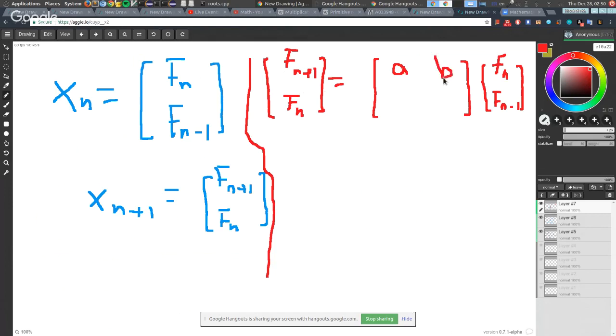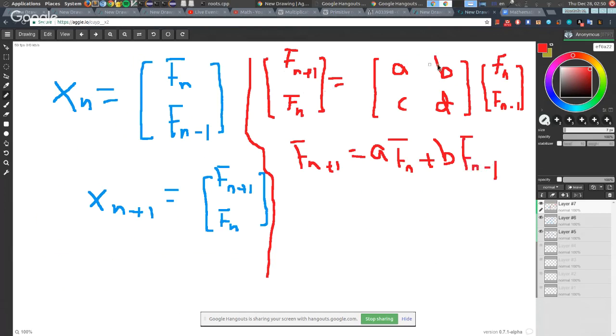If I put abstract elements like this, we get that fn plus 1 is equal to a times fn plus b times fn minus 1.